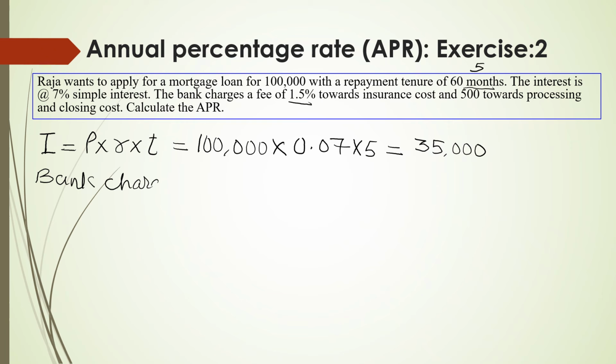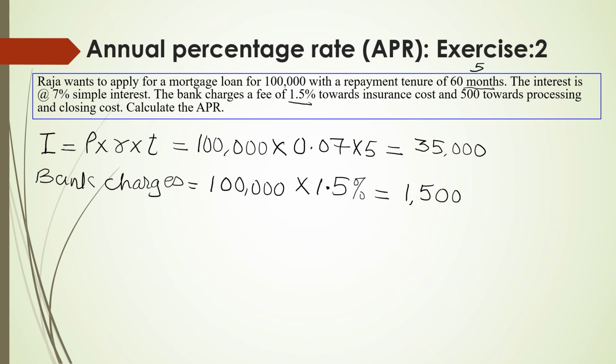How much is the bank charging? 1.5%. 1.5% of what? 100,000, the amount of loan taken. So 100,000 multiplied by 1.5%. When you calculate this, we get the answer 1,500.